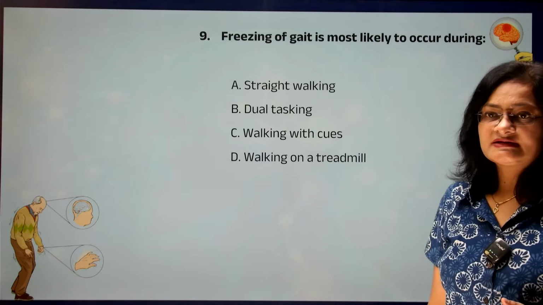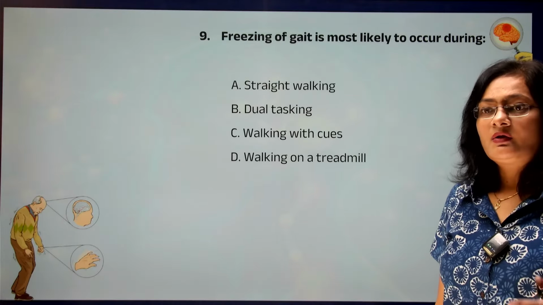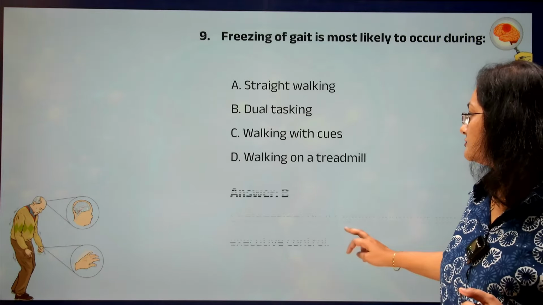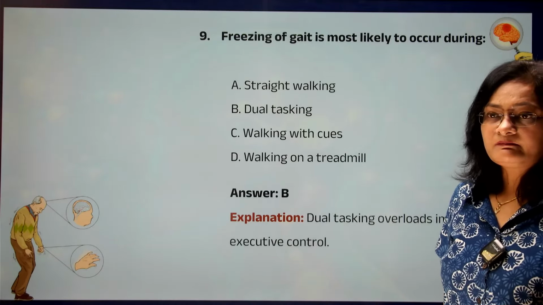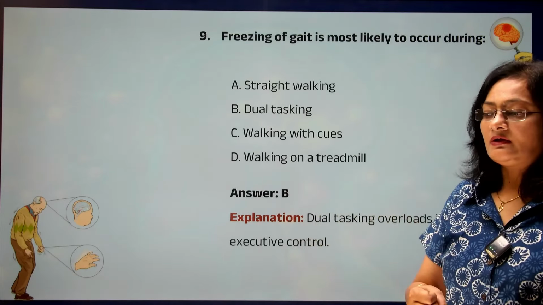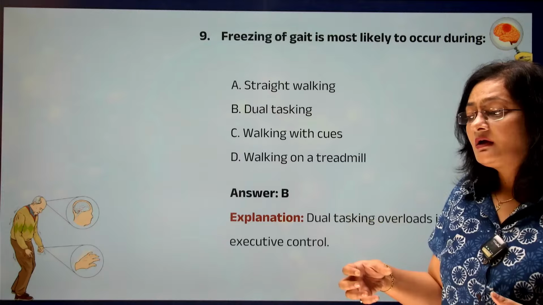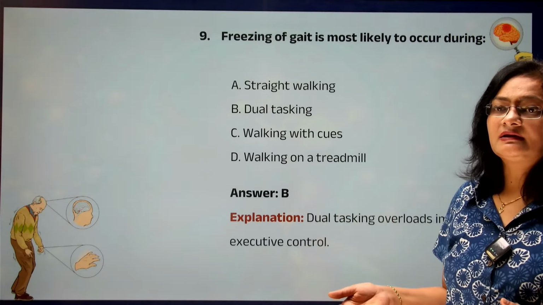So our options are straight walking, dual tasking, walking with cues, and walking on a treadmill. So the answer will be option B. While doing any dual task, when someone is calling, or when the patient tries to avoid the obstacle, or when something is held in the hand of the patient, it will result in freezing episodes.